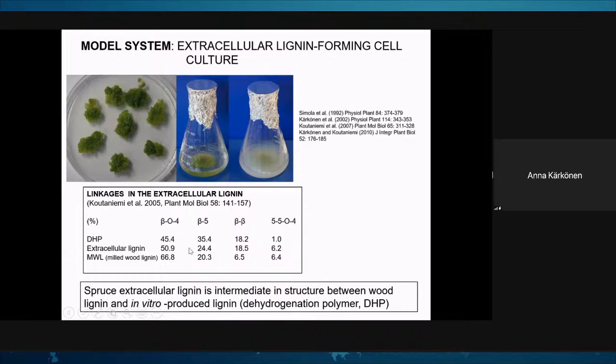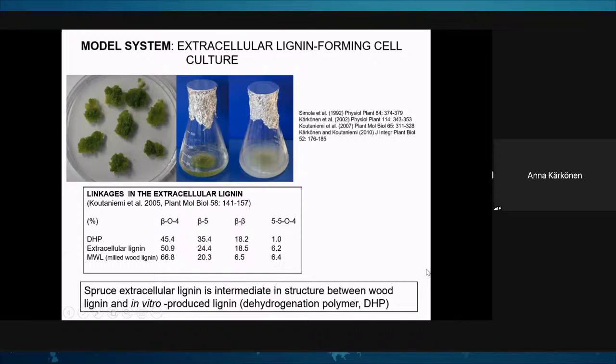Beta-5 is more close to milled wood lignin content, whereas beta-beta linkage type is similar to that in the dehydrogenation polymers. This 5-5/β-O-4 structure, on the other hand, is very similar to that in milled wood lignin.